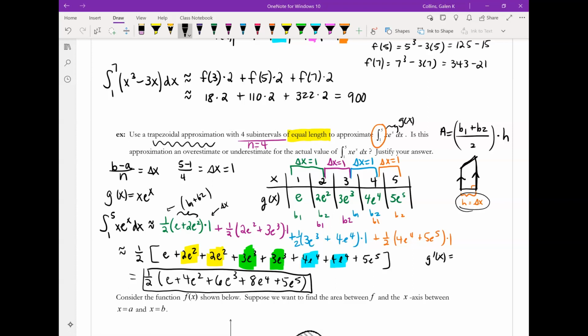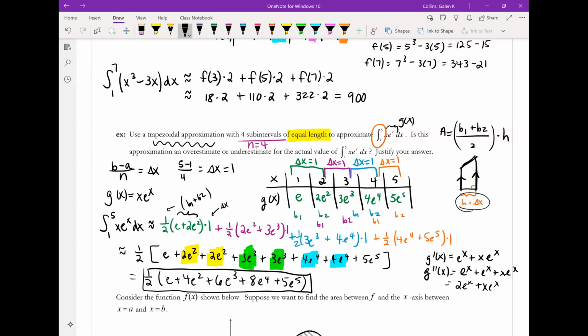So x e to the x, using the product rule, derivative of the first times the second is just e to the x plus derivative of the second times the first. And then when we take the second derivative, we get an e to the x plus e to the x plus x e to the x. So our second derivative is 2e to the x plus x e to the x.